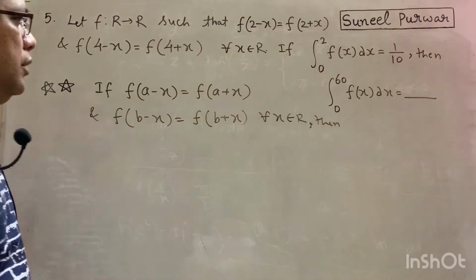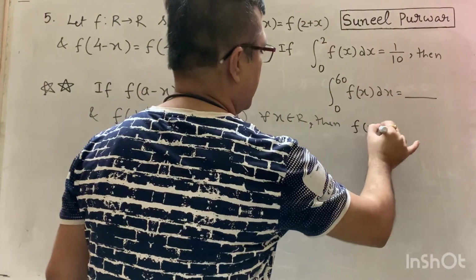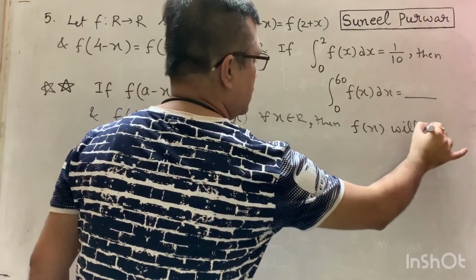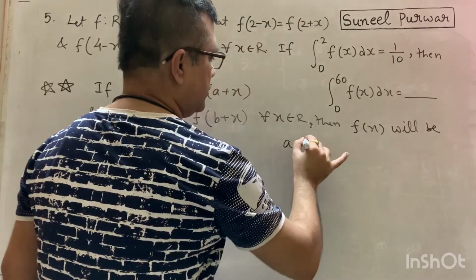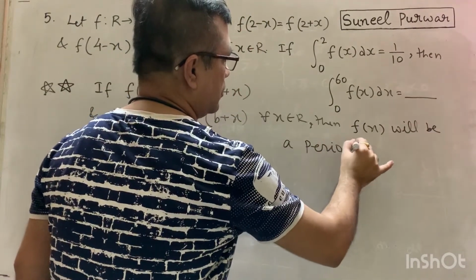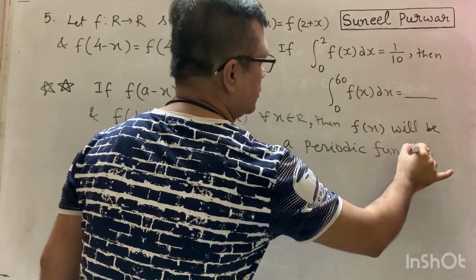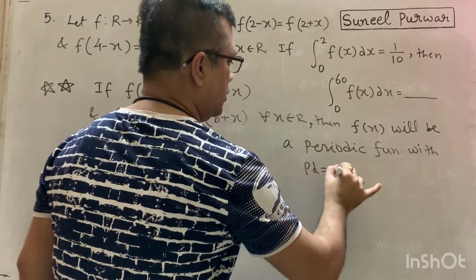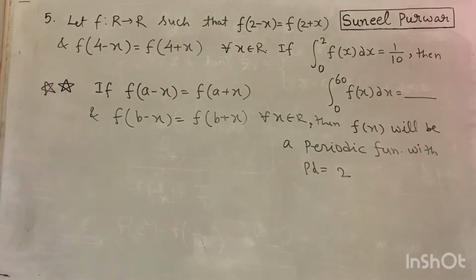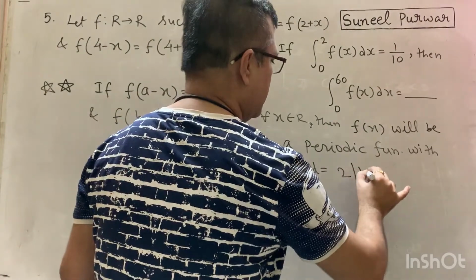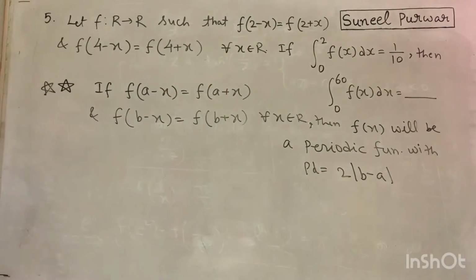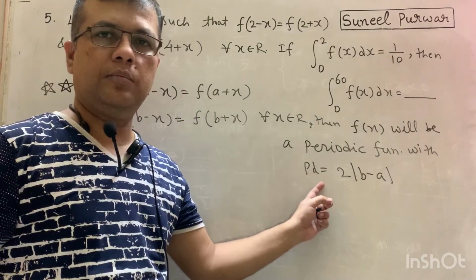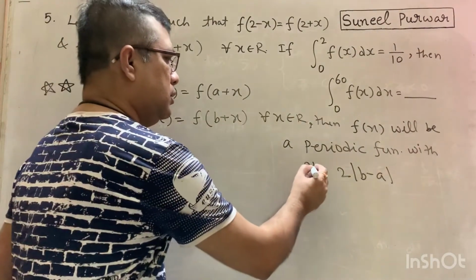Then f of x will be a periodic function with period equal to 2 times mod of b minus a. Now, so this is a period. I am not claiming it to be the fundamental period, but it will be a period.